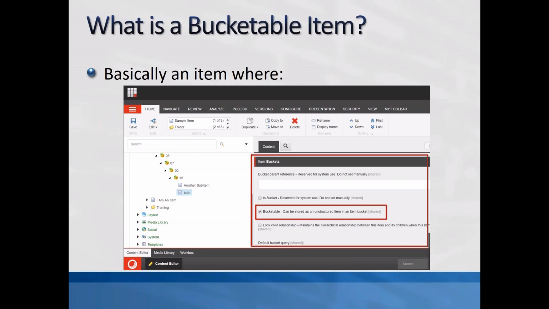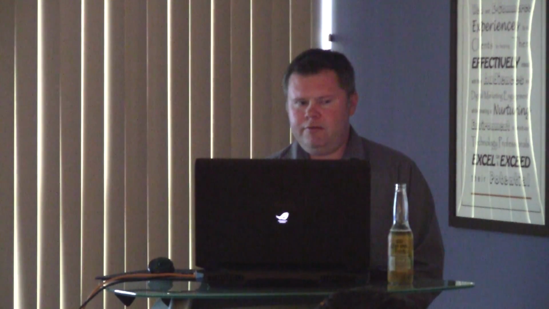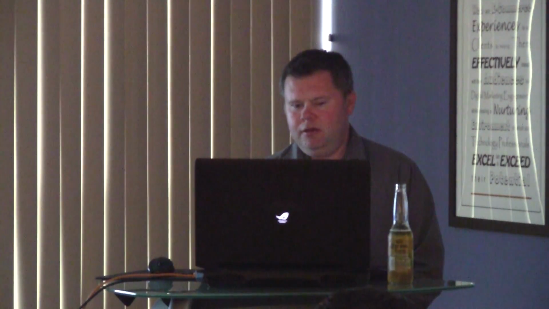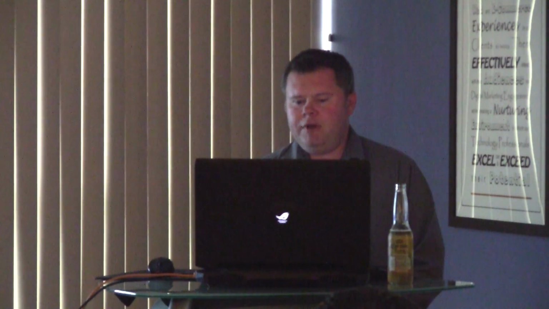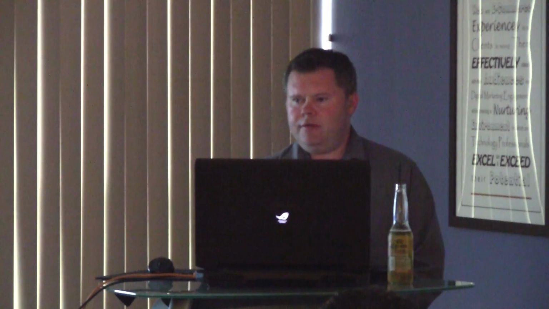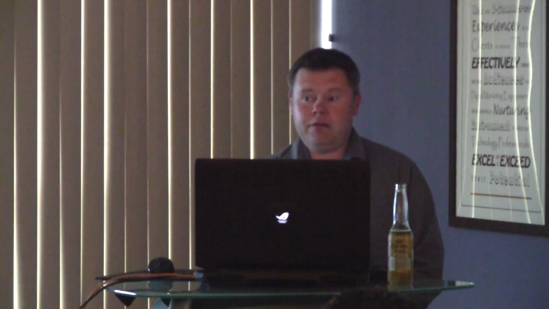All right, so a bucketable item. Basically, it's just an item that has this checkbox checked in the item bucket section. This basically says, yes, this is bucketable. It can live inside a bucket folder or under an item bucket. As a matter of fact, out of the box, which I'll show you in a minute, if an item does not have this checked, it will live as a child item under the item bucket and not in the bucket folder at all.